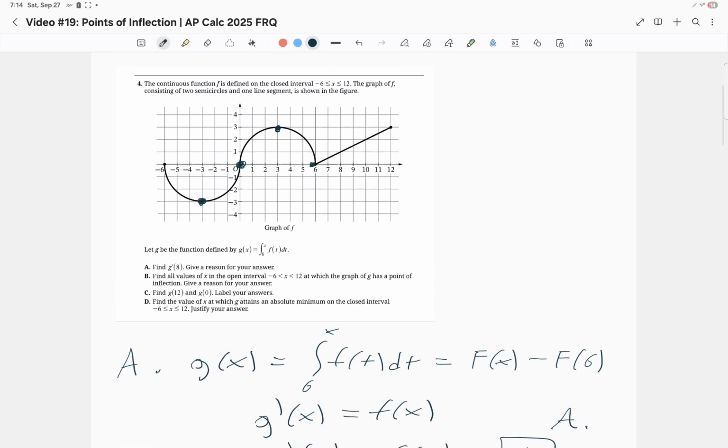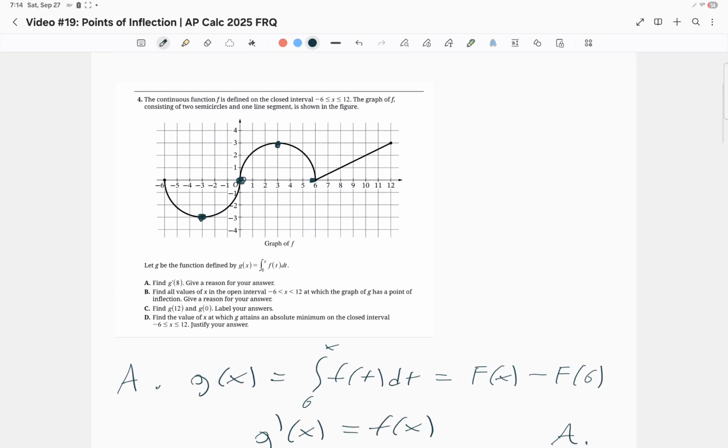Now, finally, let's look at 6, 0. Now we have a slope from the left, the derivative from the left at x equals 6, approaching negative infinity. So that's definitely negative, and it's much easier to see that the slope of the linear graph after x equals 6 is positive, right?